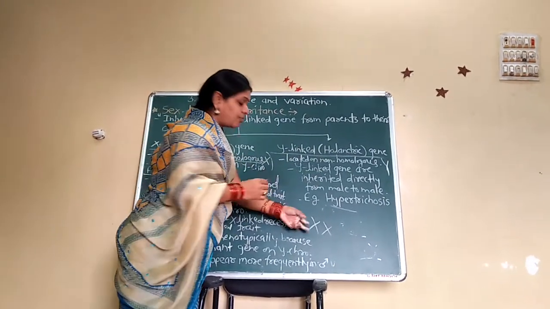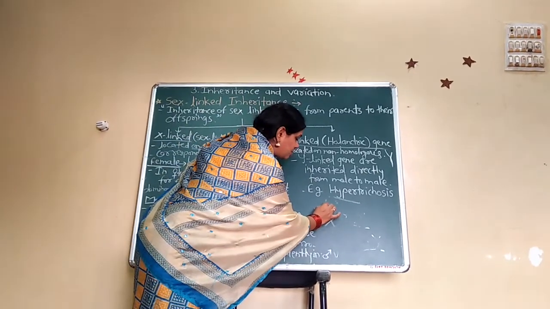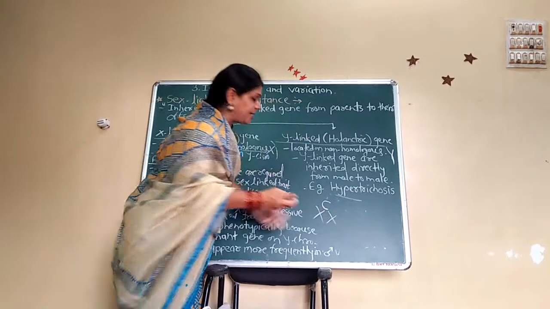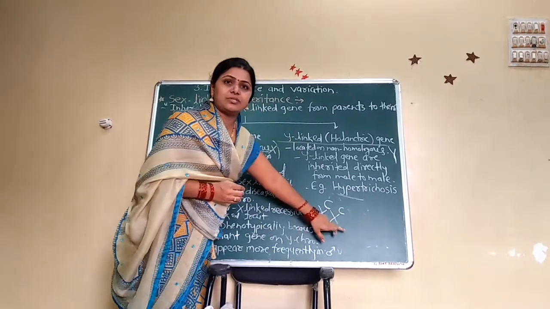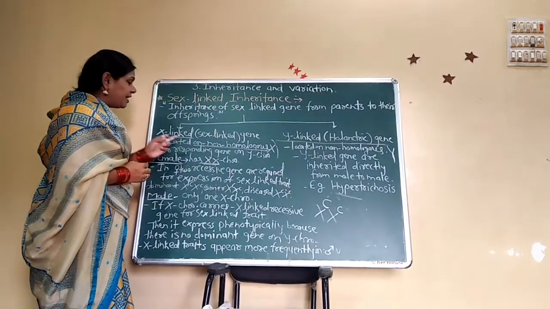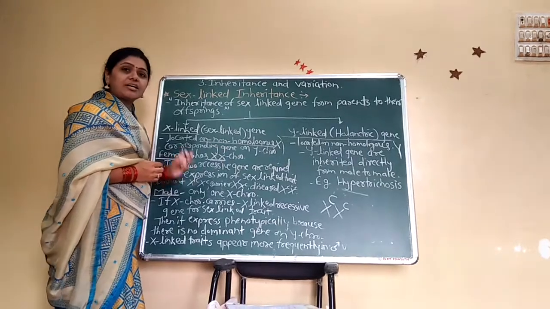For example, in color blindness, capital C is the dominant trait and small c is the recessive trait here. In females, two recessive genes are required.